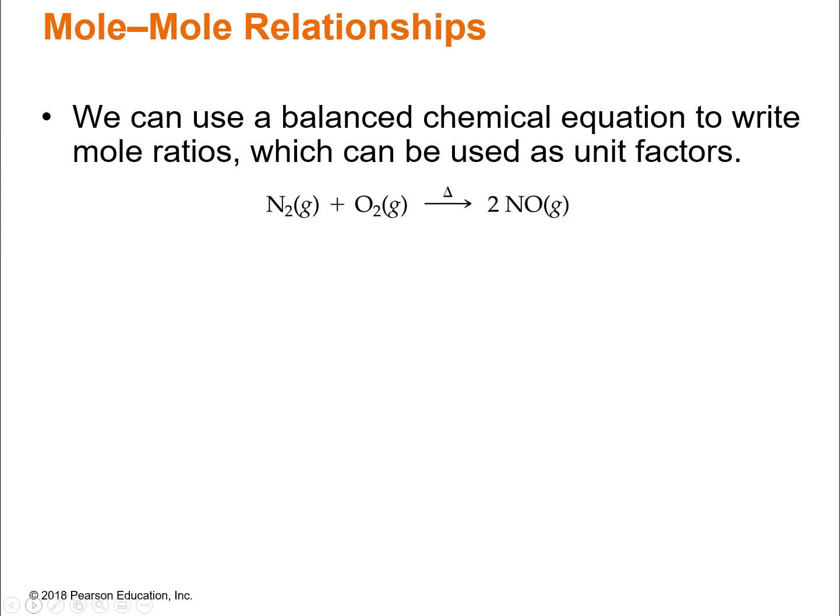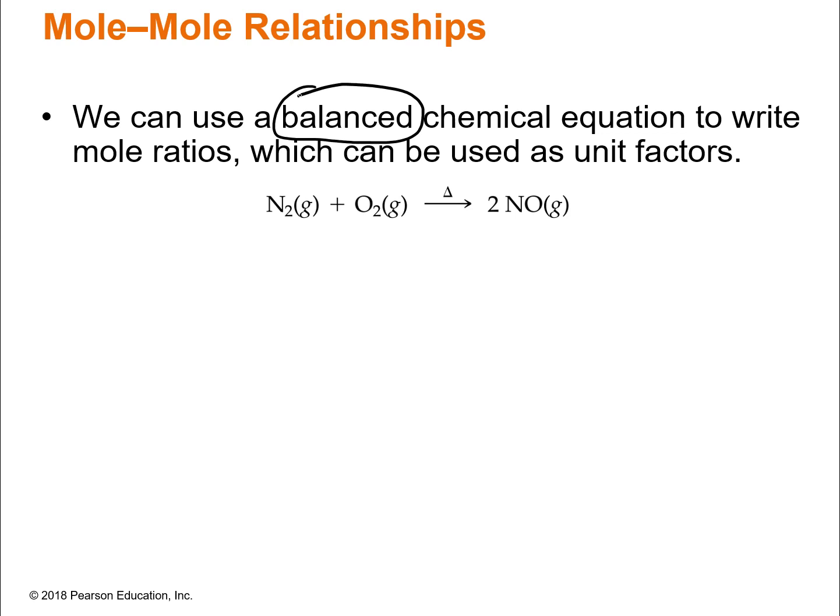Remember that for a mole ratio to be valid, you have to use a balanced chemical equation. The mole ratios that we write can be used as unit factors. How do you write these mole ratios, I'm sure you're wondering? Well, all you have to do is write down the number of moles that you see within the chemical equation, and you're done.